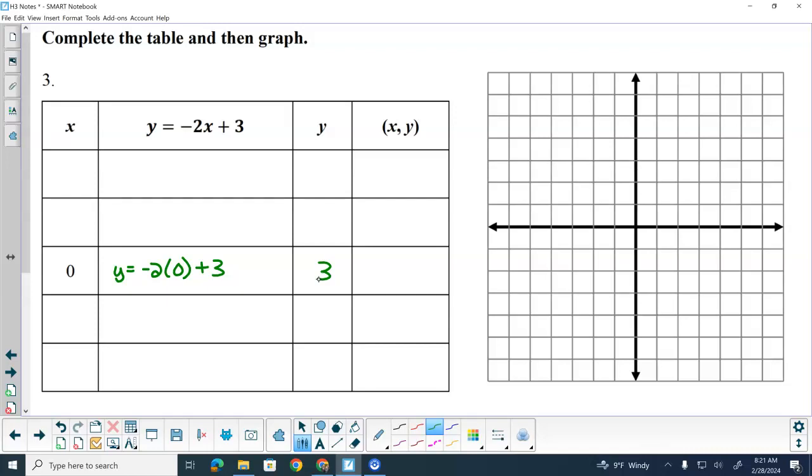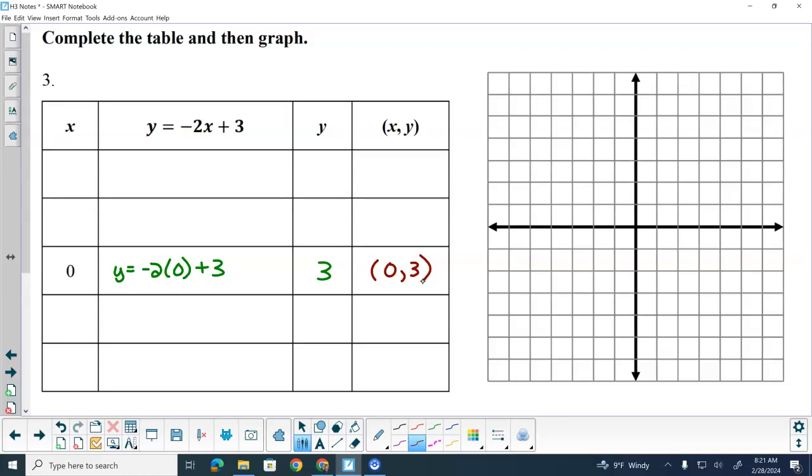Okay? So, what point did we just find? Remember, a point is x comma y. So what's the point? 0 comma 3 is the point that we just found. Follow-up question to that. X is left and right, right?